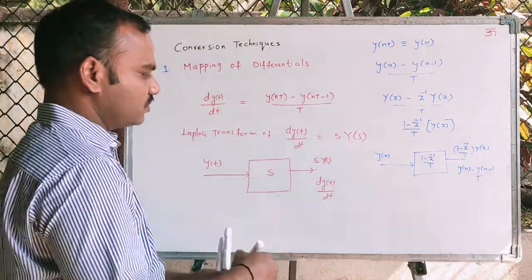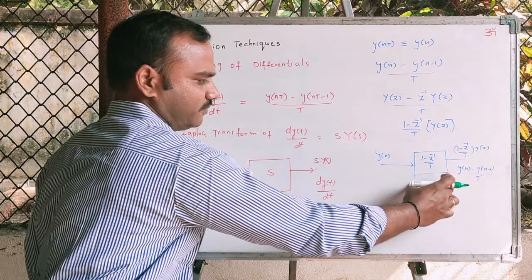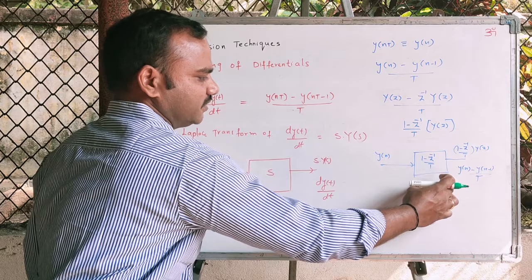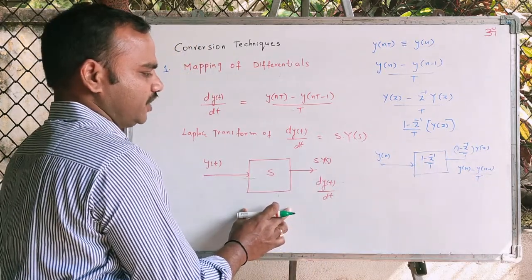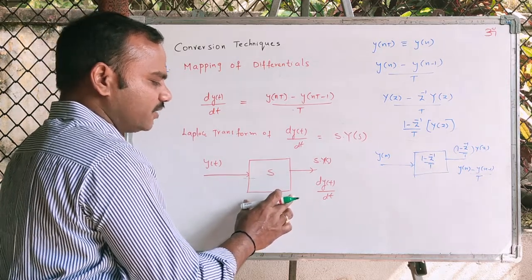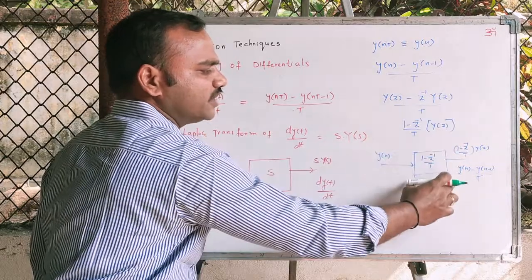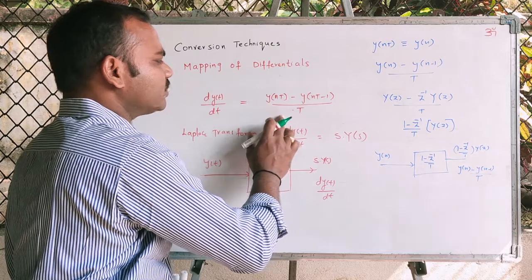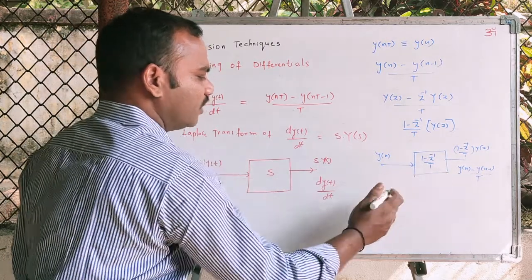Now, we will compare this system with the S-plane system. Both of them are implementing differentiation. That is, we map the differential term in the S-plane to the difference equation in the Z-plane. So, if these two are approximately equal, then the systems should be approximately equal.